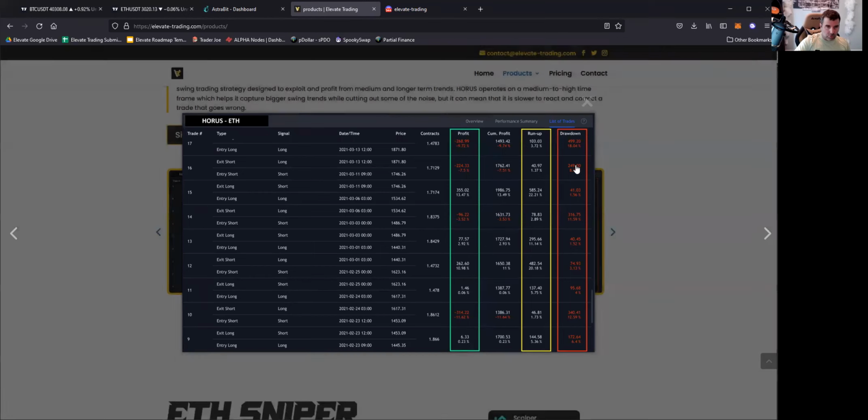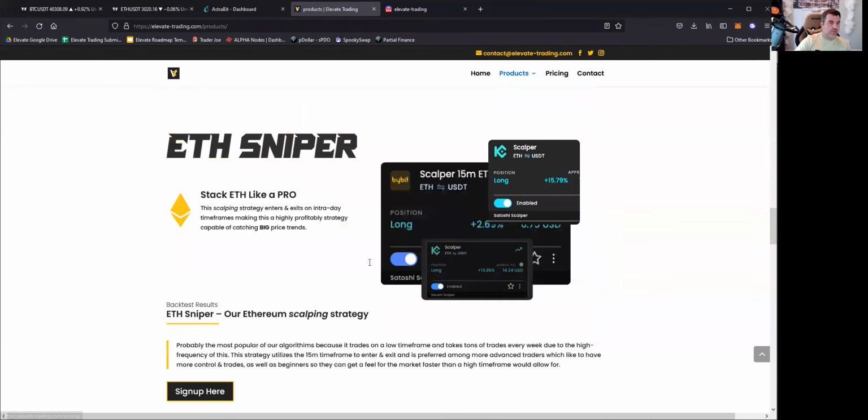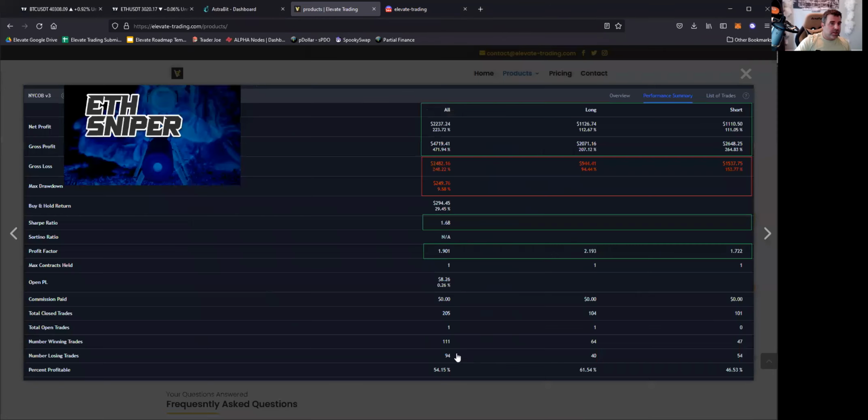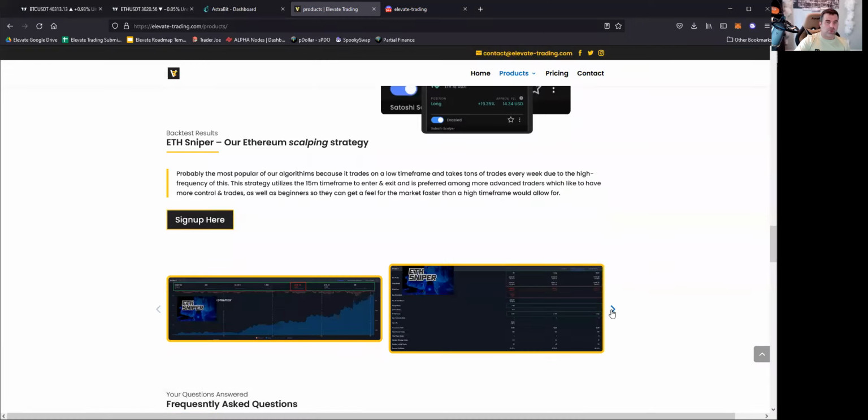So you just have to roll with those punches. Even the ETH Sniper, a 15-minute scalp bot, had a projected backtest of 223% in 3 months. So we can compound that and guesstimate about 700 to 800, 900% returns over the course of a year.